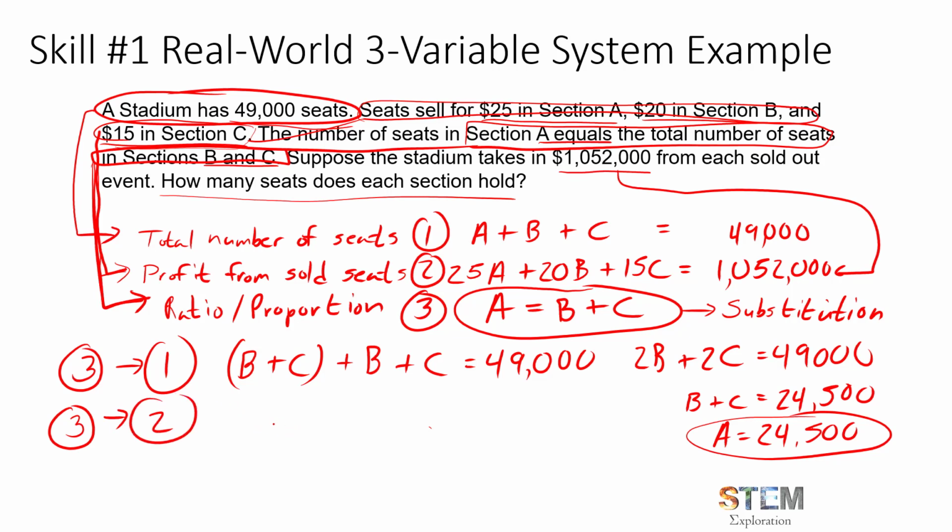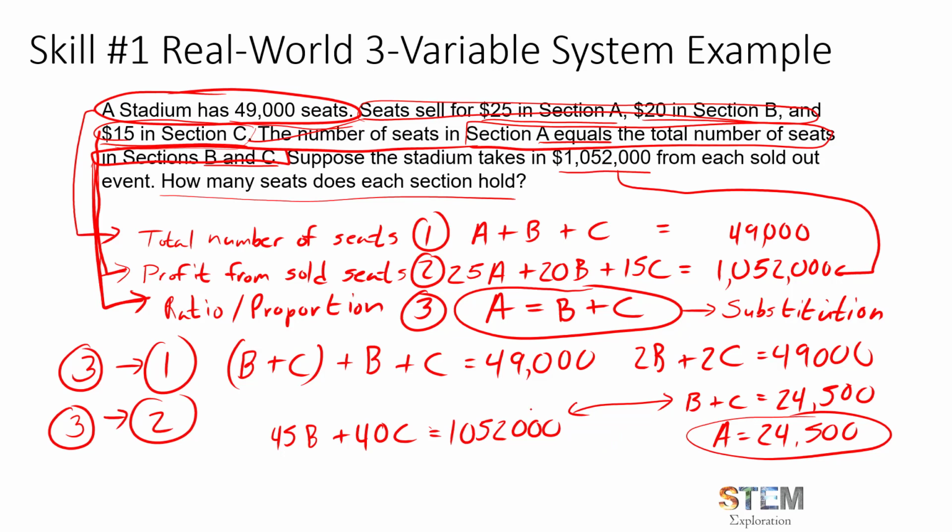And then what you would get is something like 45B plus 40C is equal to your 1,052,000, and so on and so forth. And then you could apply this equation to this equation using elimination and then figure out what B or C is, and then solve it accordingly.